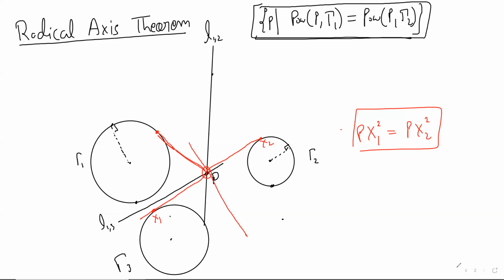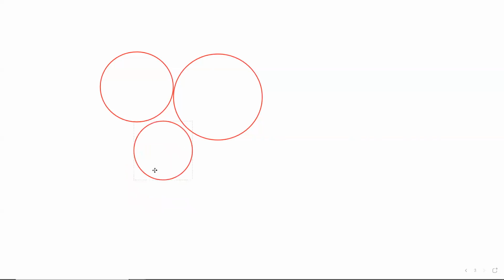Right, so that's good. But actually we won't need this much. Let me ask you this, which I also gave for homework a few classes back. When you have three circles, let's forget the third circle. What's the radical axis of these two circles? It is a common tangent, because the tangent length to one equals the tangent length to the other.